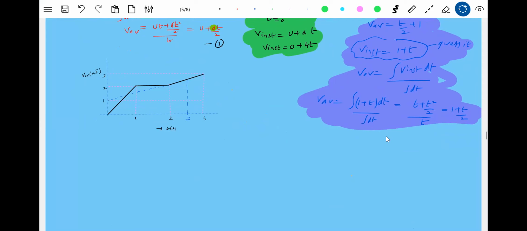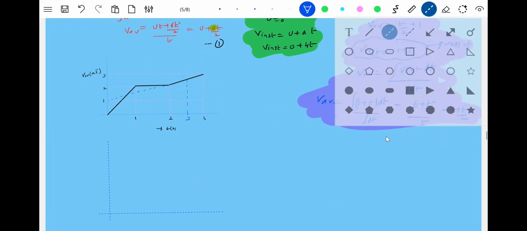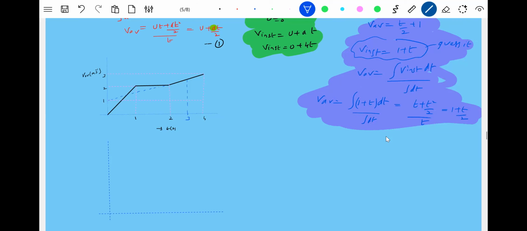Instantaneous velocity, everything. So the curve will be, first, a straight line. According to this, it will be a straight line for 0 to 1 second. Then 1 to 2 seconds, it will move with a constant speed.